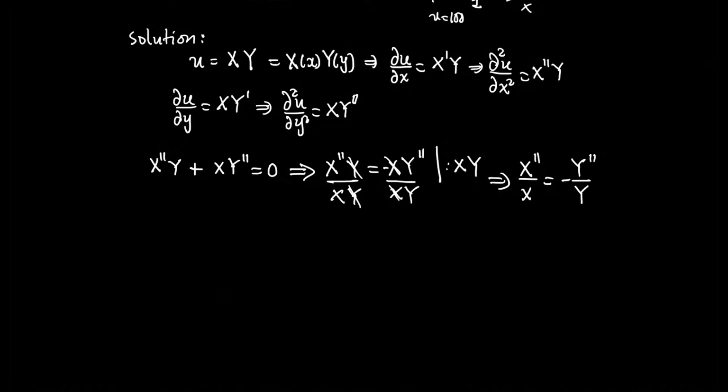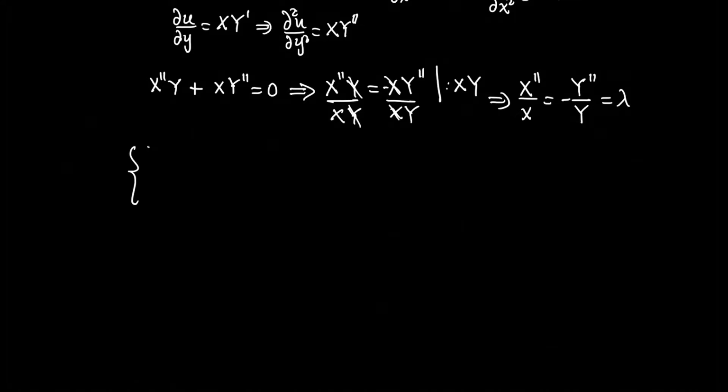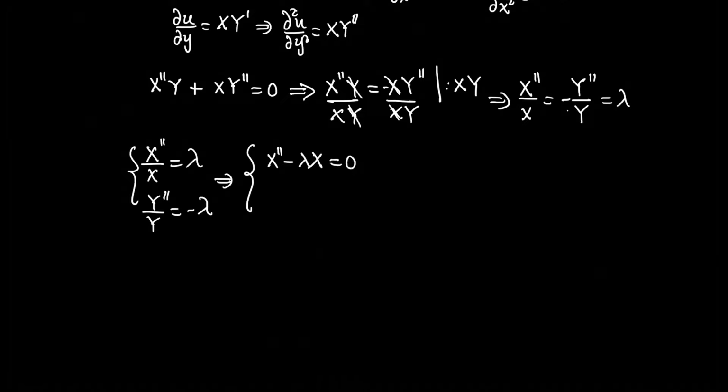Then I'm going to say this is equal to lambda. From here, I have X''/X equal to lambda, and then Y''/Y equal to minus lambda, because there's a negative here. If you isolate the second derivative, X'' minus lambda X equal to 0, then Y'' plus lambda Y equal to 0.